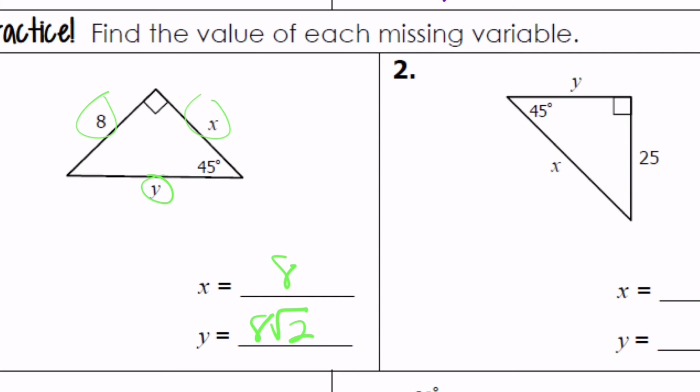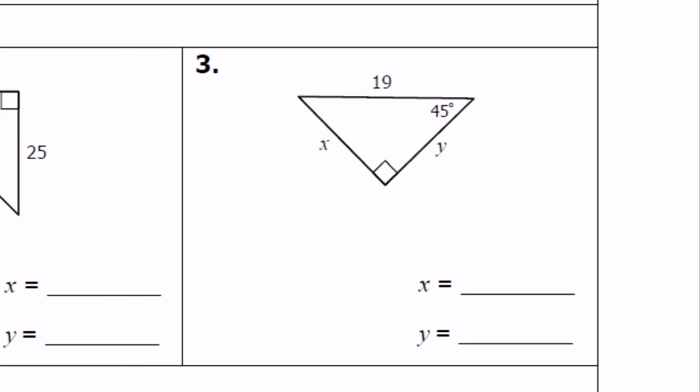And that's it. So x equals 8, y equals 8 square root of 2. Okay? So it's as simple as that. As long as you know one side of a special right triangle, you know the other two. So let's look at number 3.